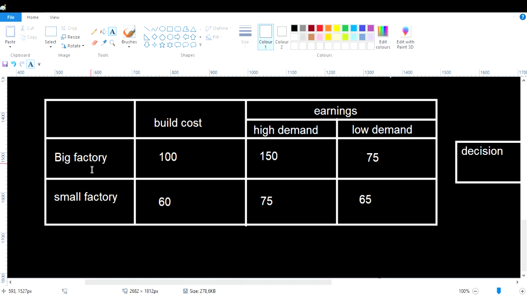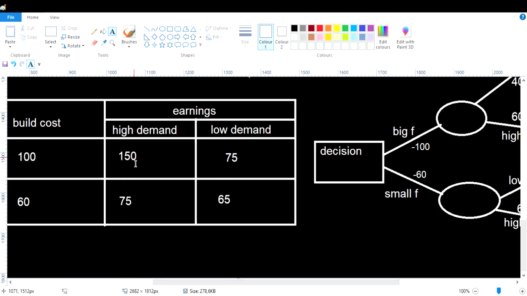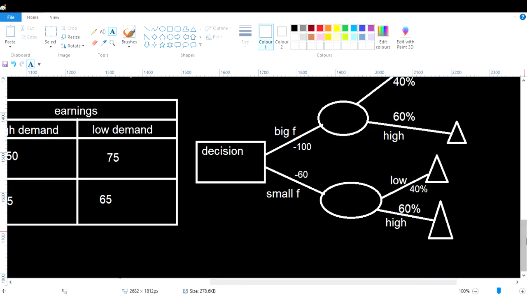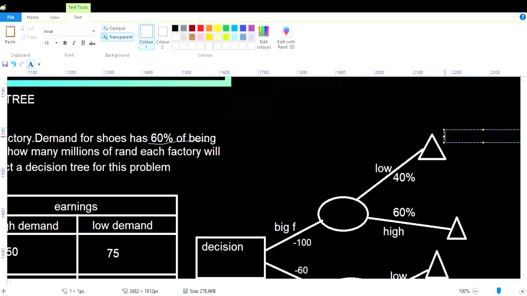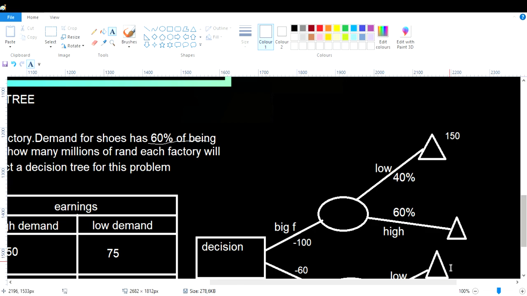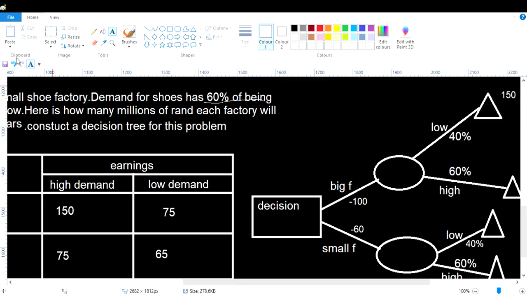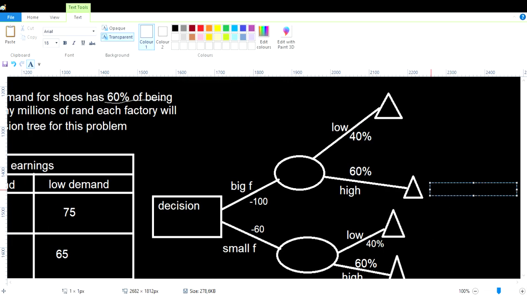This row is for a big factory. If the demand is high, for a big factory we're going to get 150 million, so I will just write 150.